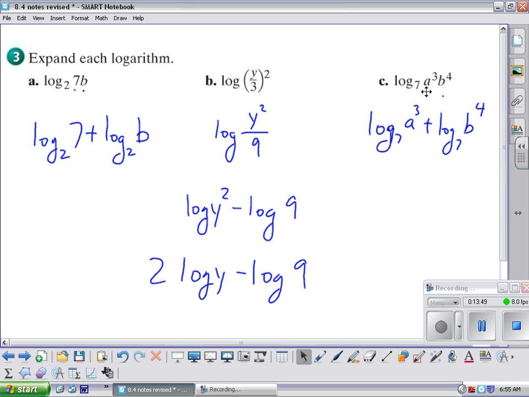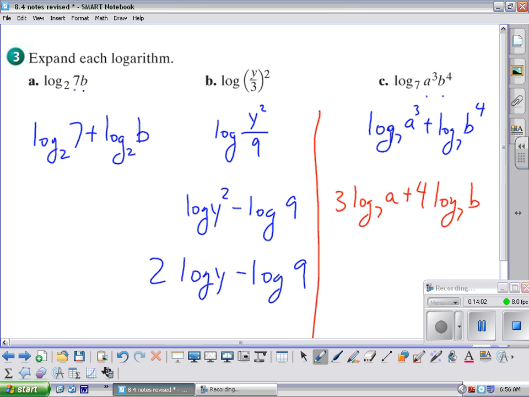And go ahead and bring these out by the power rule. And we got 3 times log base 7 of a plus 4 times log base 7 of b.